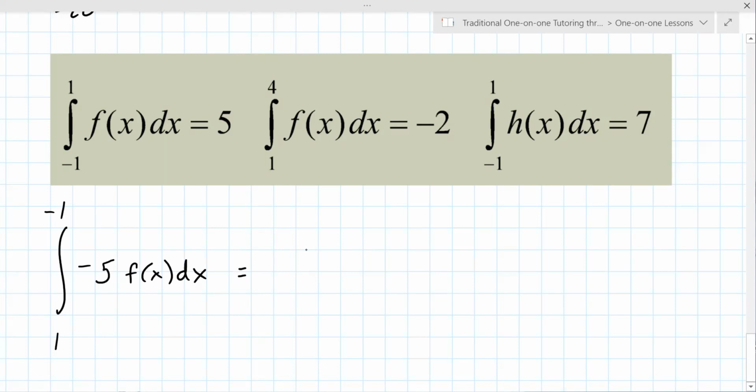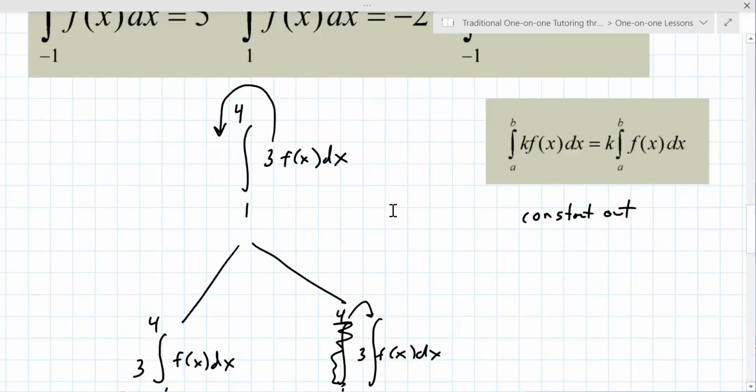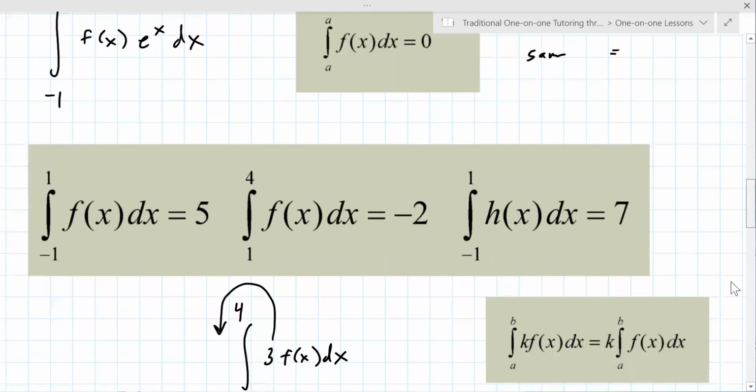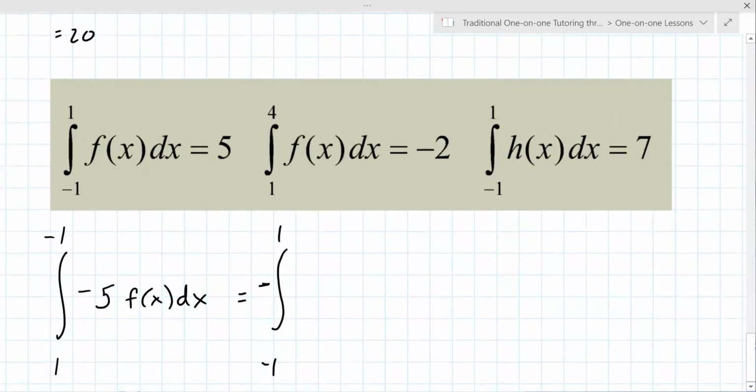Let me show you what I think your instructor would be looking for. If you flip the bounds, because you want the bounds to match what you have, you then put a negative there. Okay. And that's that first property I showed you right here. Your instructor wants to see that. You said it's free response, so that's like showing your work.